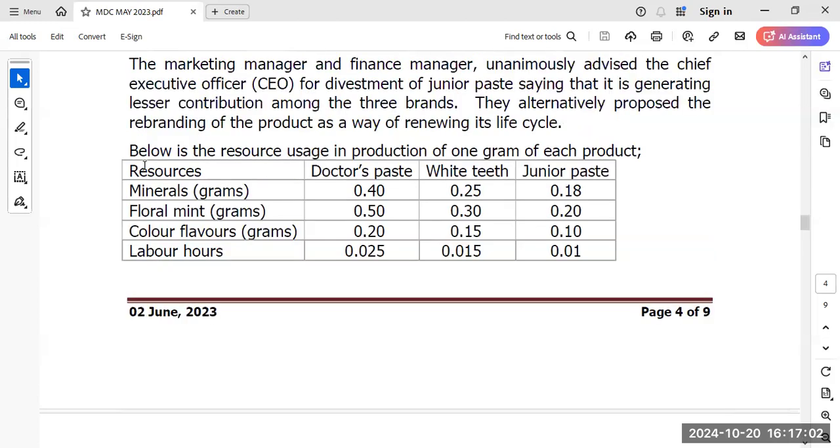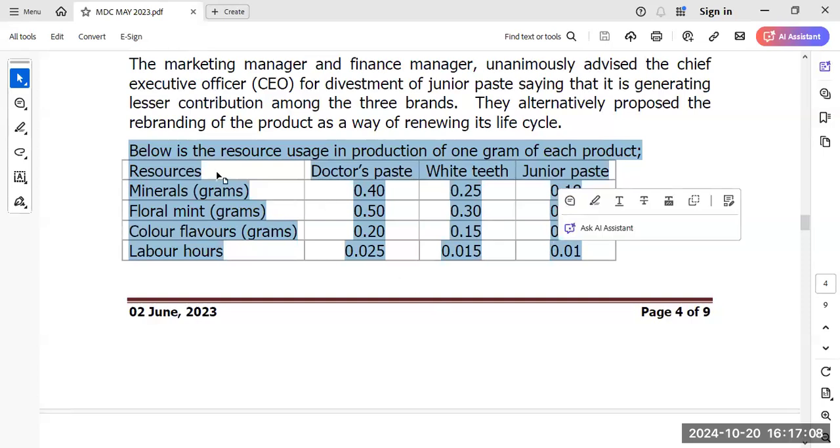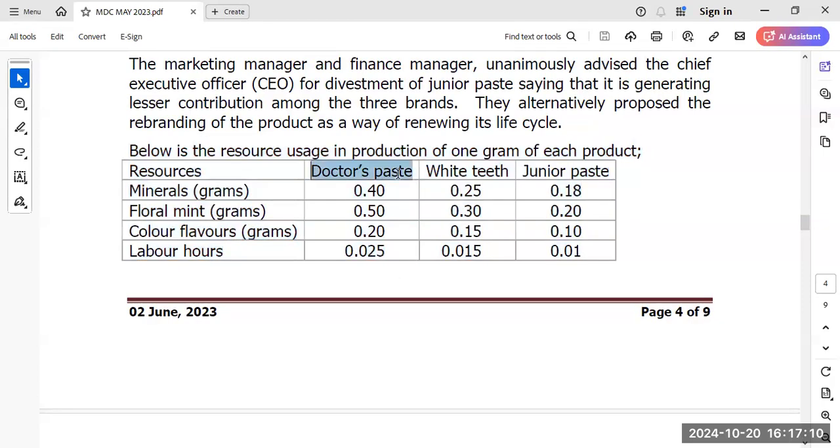Now these are your constraints. Resources for you to produce Doctor's Paste, White Teeth and Junior Paste. You need the minerals, you need all that.